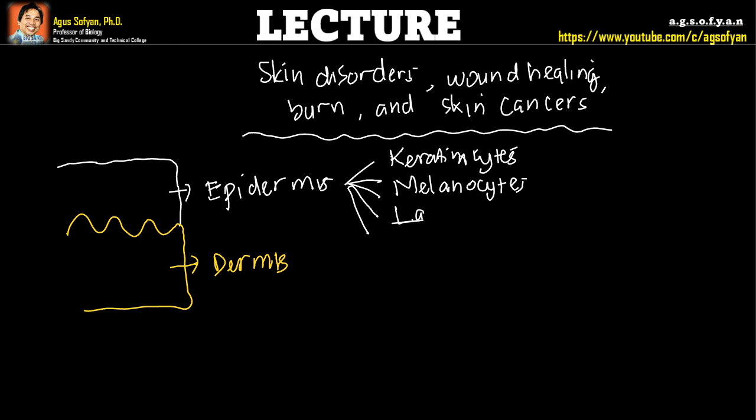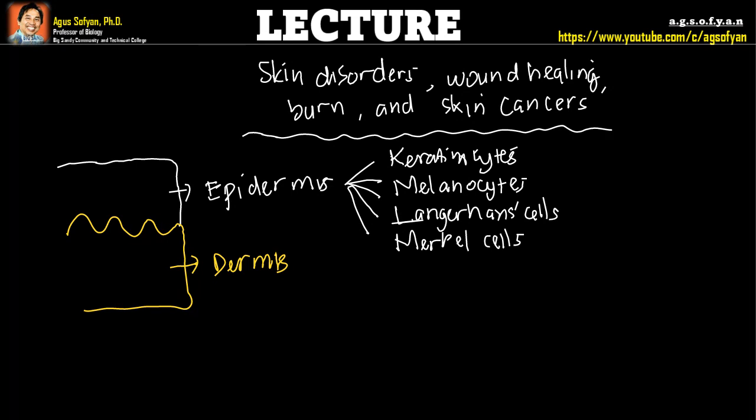The next one is the Langerhans cell, the cell that fights against infection. And the last one is called the Merkel cell, which is a special cell for sensation, especially touch sensation.